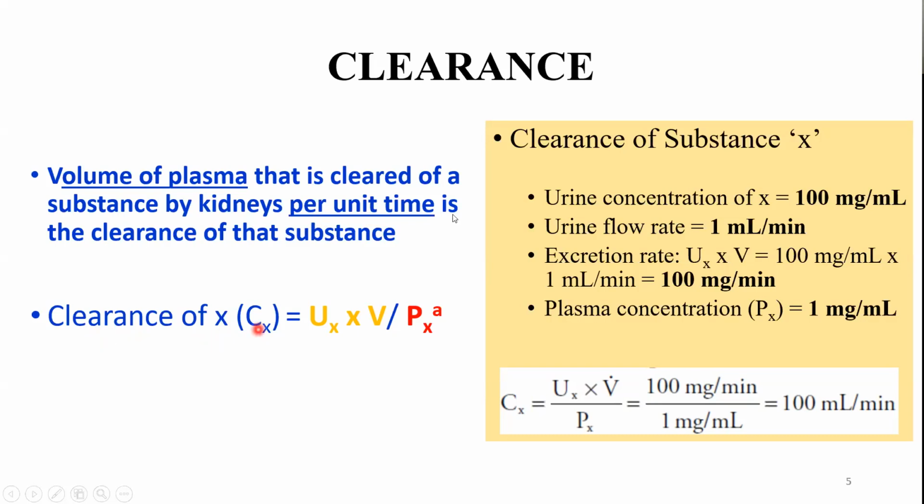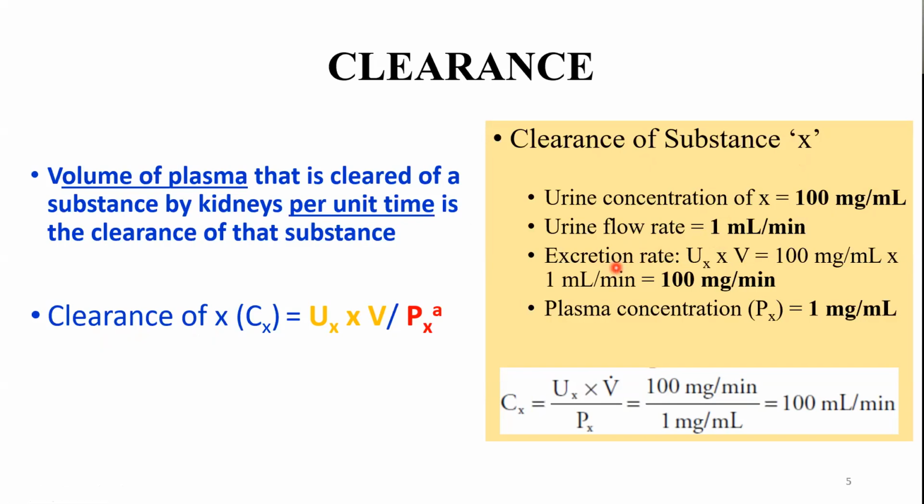Okay, so let's take an example. Let's say this substance X has a urine concentration of 100 milligram per ml. Urine flow, as I said, is 1 ml per minute. Then you have the excretion rate.